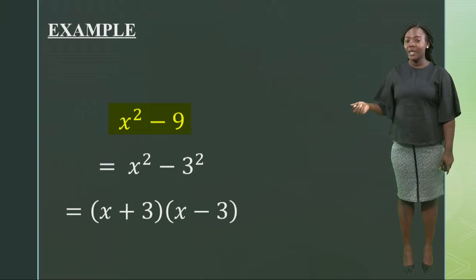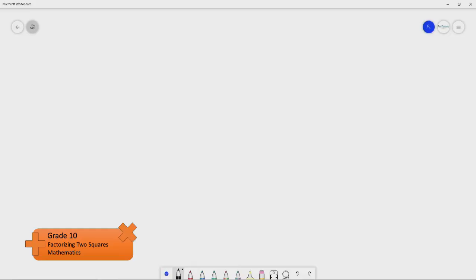Now here you can see we have x squared minus 9. So let's take a look at our first example. It says x squared minus 9. So what we have there is a difference of 2 squared, because when some number is squared, we will get 9, and once x is multiplied by itself, we will get x squared. So we want to factorize this. Before we can do that, we need to represent this originally with the base number.